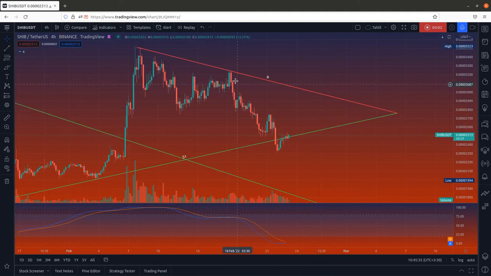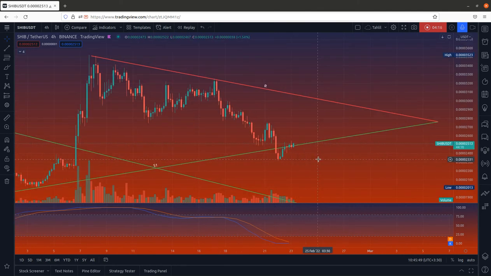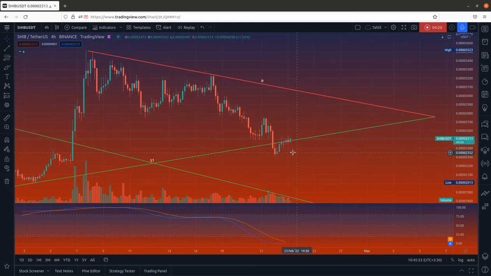If you look closely, there's another resistance created by the price, and you can see that the S1 line here is now broken. Through this candle, the S1 is broken, and this is the pullback we can consider for the price. But as you look closely, it is not letting the price go any further higher.